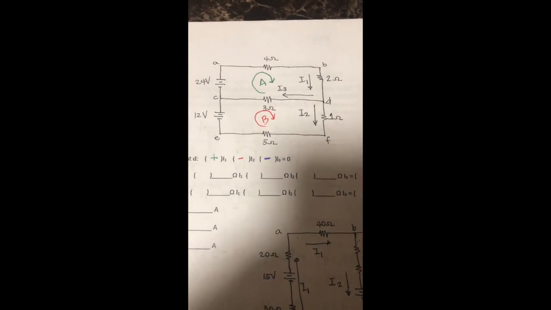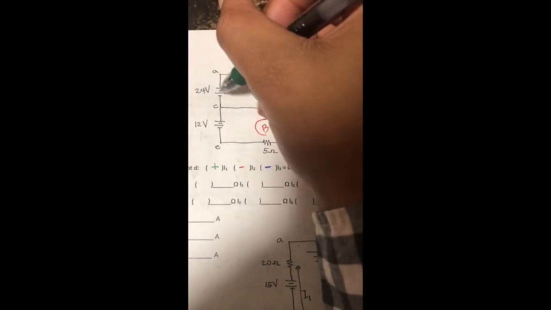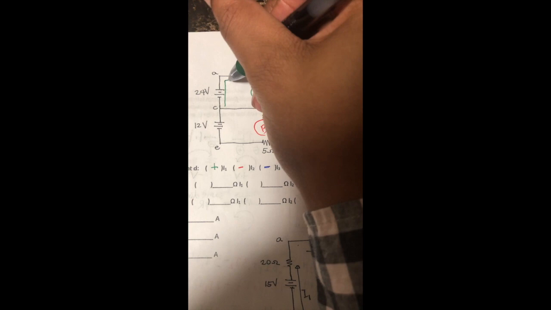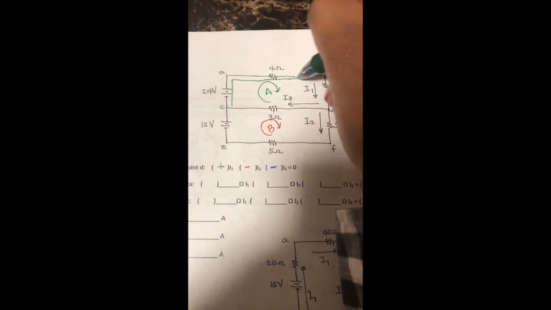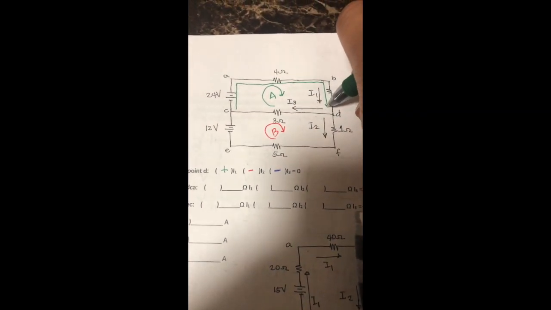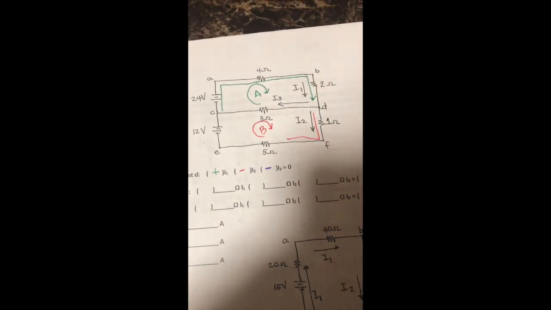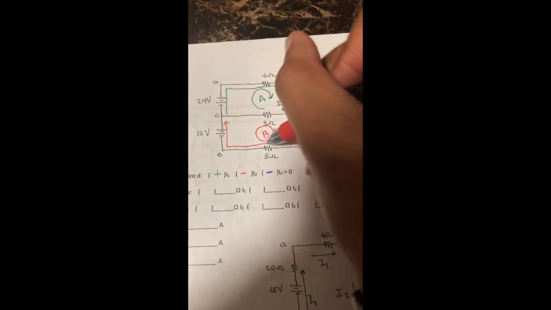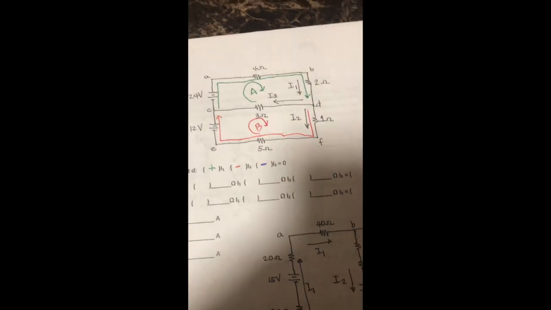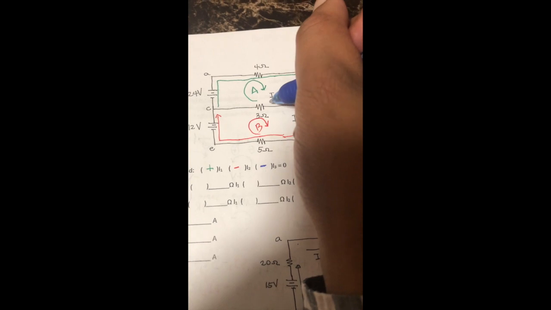So what happens is we have I1 flowing all throughout this part. We have I2 flowing all throughout this part. And we have I3 flowing down this middle branch.